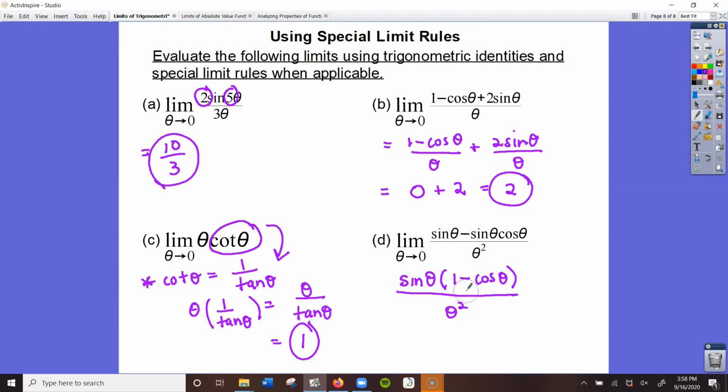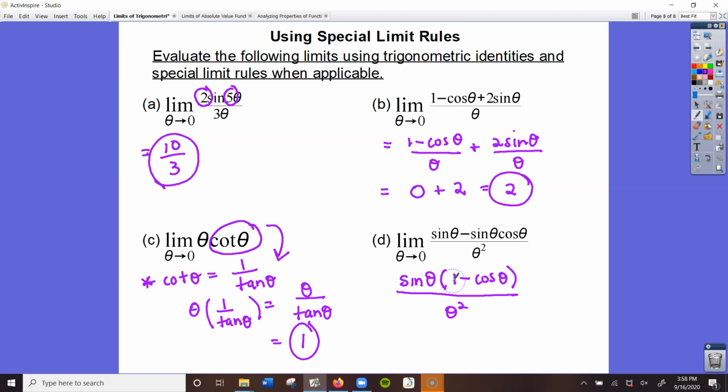Now remember what happens when you're multiplying fractions. It's not the same as addition or subtraction where you just add or subtract the numerators and leave the denominators the same. For multiplication, you multiply the numerators and multiply the denominators. The numerators here, sine theta and 1 minus cosine theta, resemble my special limits, but the denominator is theta squared.